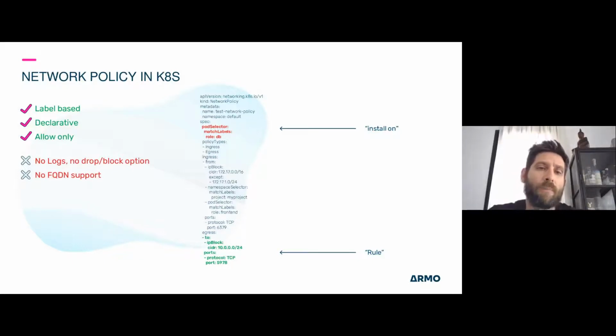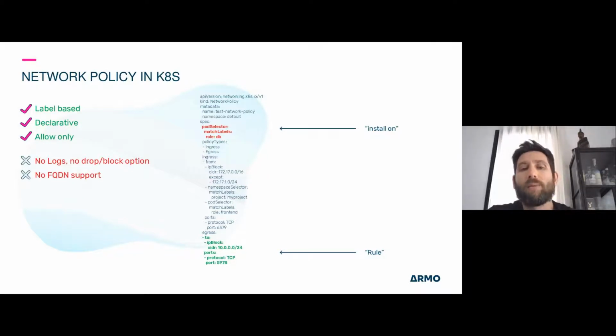The good thing about them is that they're label-based, so if something changes, as long as they keep the same label, they will get the same policy. They are declarative, so it's easy to declare what you want. It's allow-only, so you define only the connections or the communication patterns that are allowed by the pod.